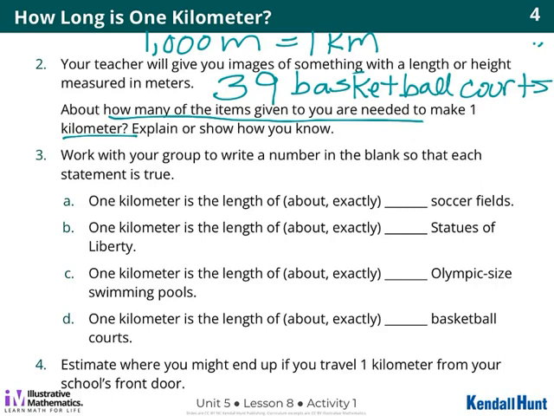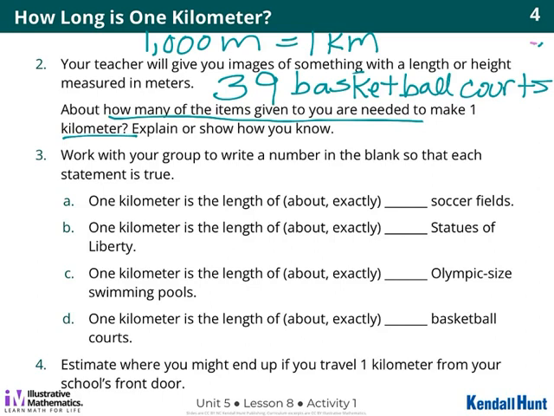Okay, all right, so let's look at number 3. I almost said part B, but let's look at number 3. I'm going to use purple. All right, A, raise your hand. 1 kilometer is the length of about or exactly, it's kind of the opposite of number 2, or actually rewriting your answers, isn't it? Keston, start us off.